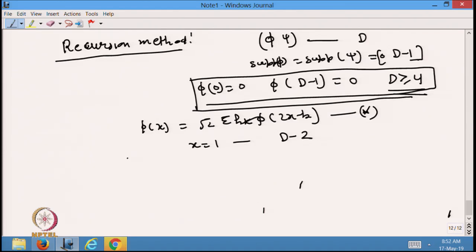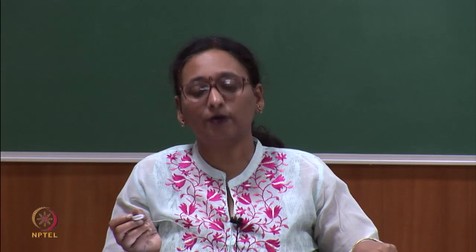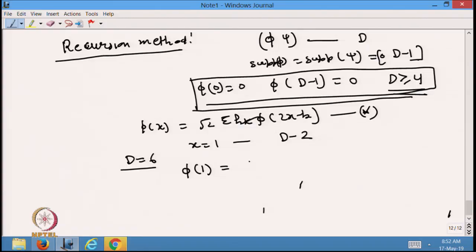Let us start computing by taking D equal to 6. If x is 1, phi(1), because we are not interested in phi(0) as phi(0) is already 0, will be equal to root 2 times summation of hk phi(2 minus k).